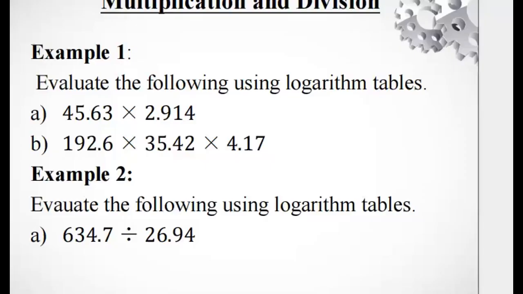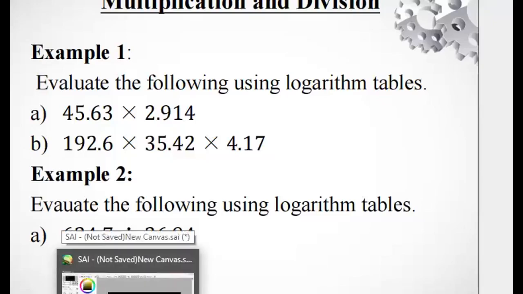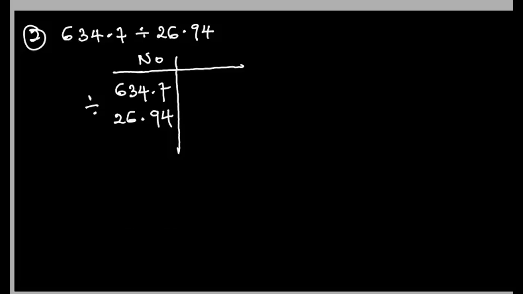Now we have the next example 2, where we are dividing two numbers using the logarithm table. We do our usual setup. Let's look at the numbers here.